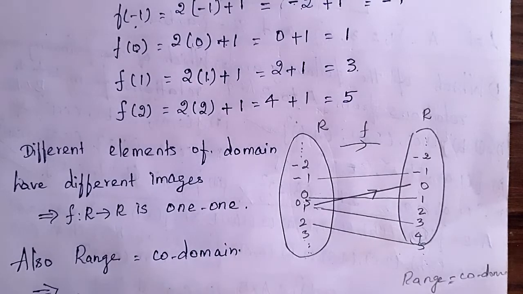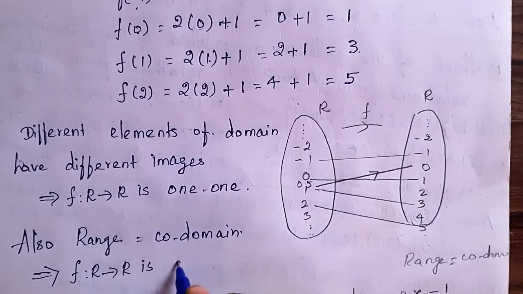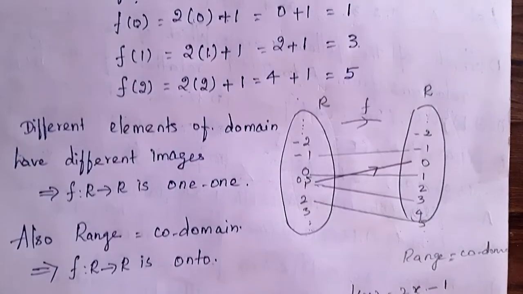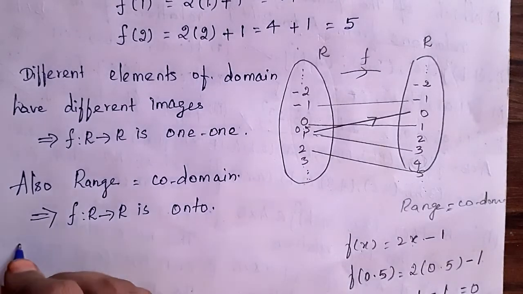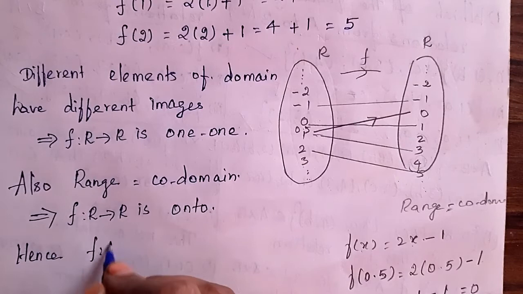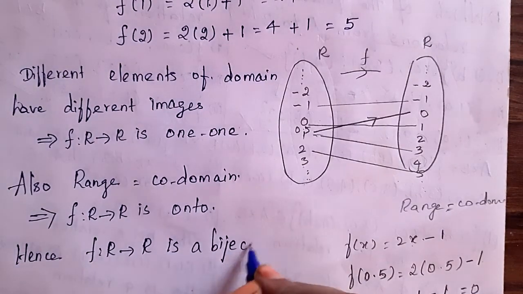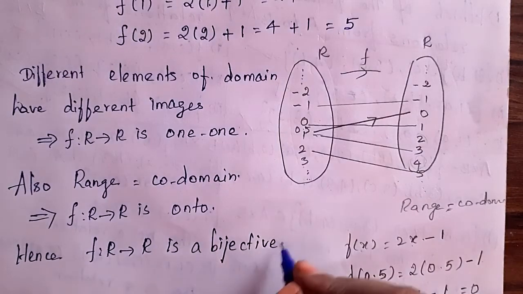That implies f from R to R is onto. Hence f from R to R is a bijective function.